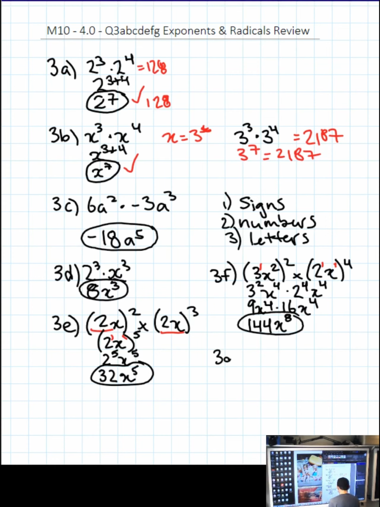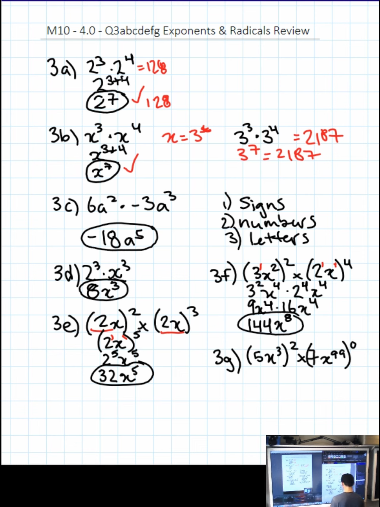Okay, 3G. We have open bracket 5x cubed squared times open bracket 7x to the 99, brackets around it, to the 0. Some people might start multiplying all their exponents together, but I'm going to recognize that something to the 0 is 1.